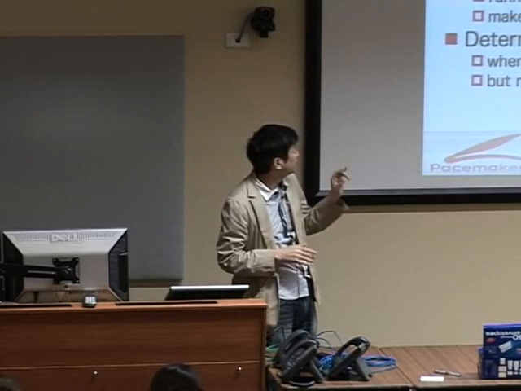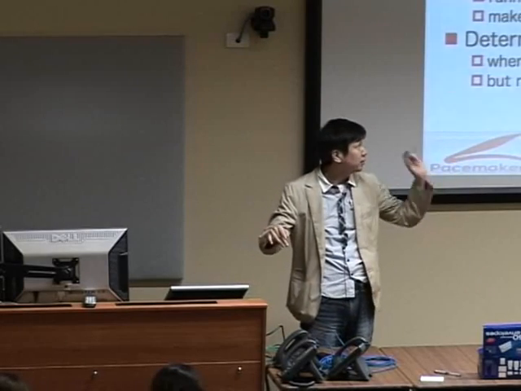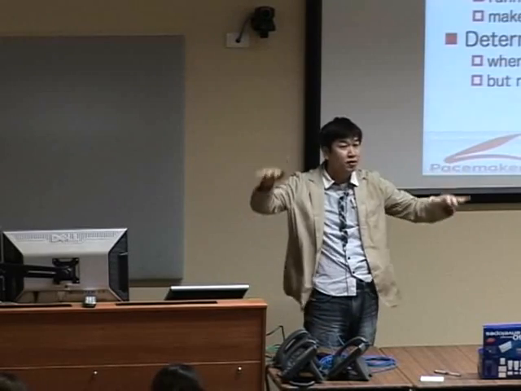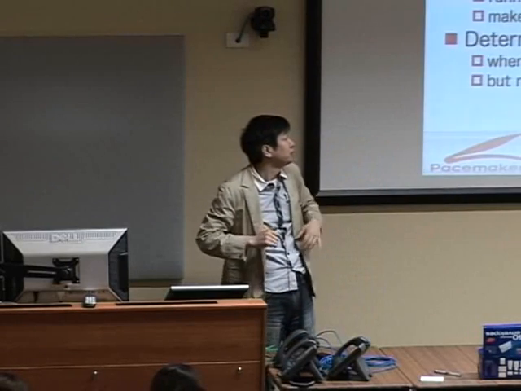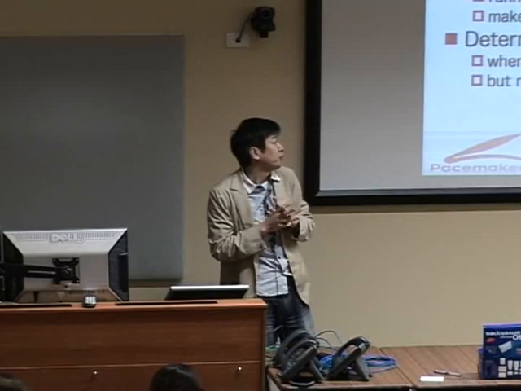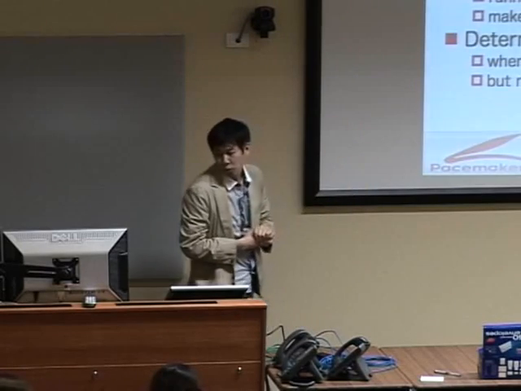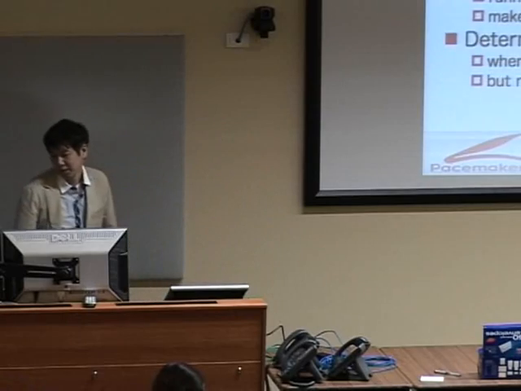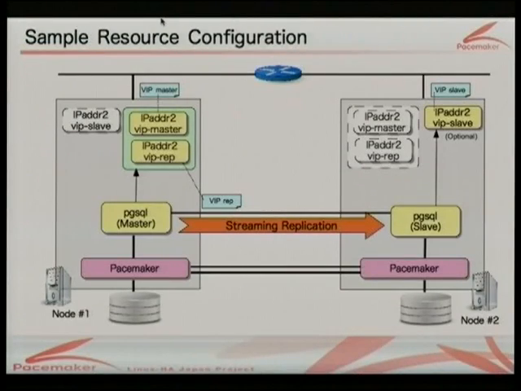And another feature is that if you start the two nodes at the same time, this agent will detect which one is the latest one. But as I describe below, I don't recommend using this. I recommend using only single node invocation, which makes your operation simpler. This is a resource configuration of Pacemaker.